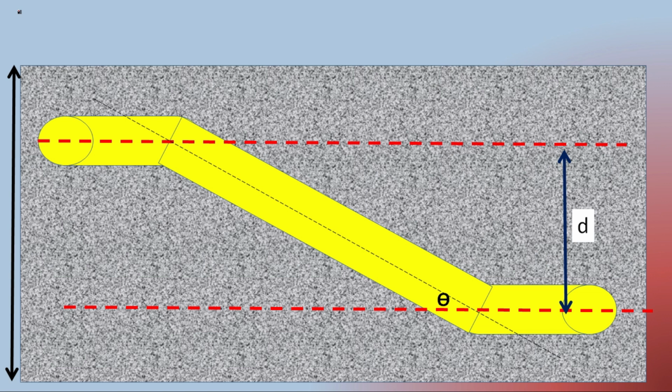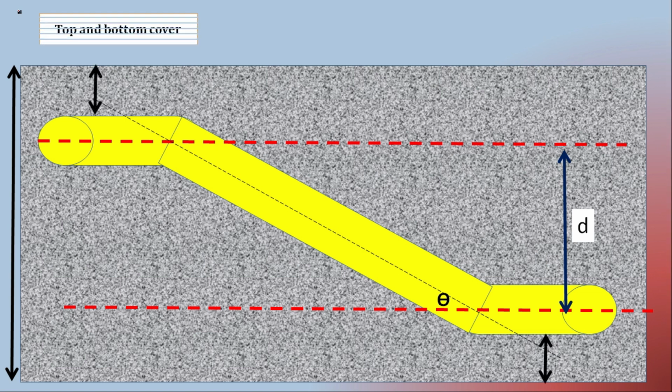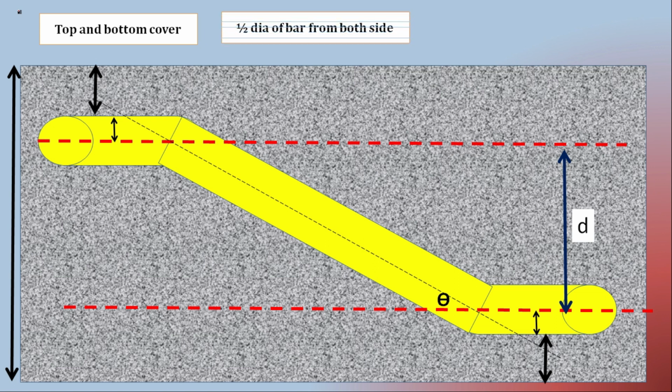For this slab, first we need to deduct the top cover and bottom cover. After deduction of top cover and bottom cover, we have reached up to the surface of the bar, but we still want to reach up to the center of the bar. It means we need to deduct half diameter from top side and half diameter of bar from bottom side.